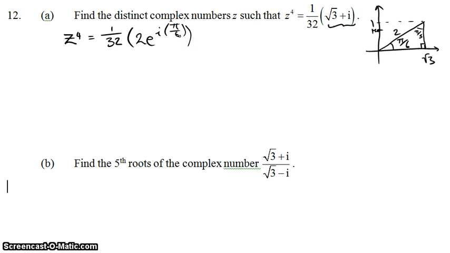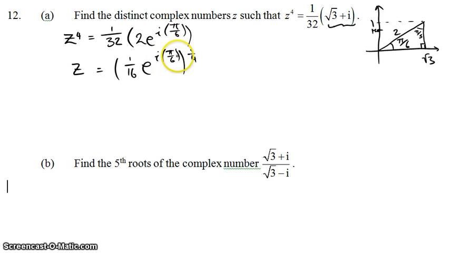So what do I do? Well, this is actually not too bad. z is equal to 1 over 16 e to the i pi upon 6, to the power of 1 over 4.